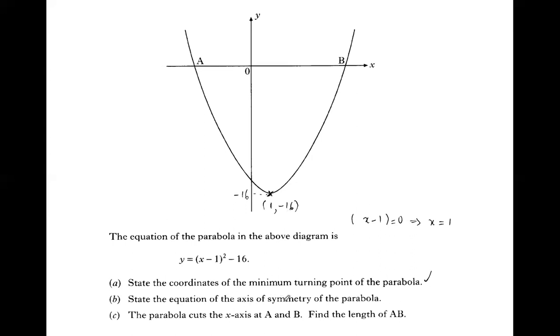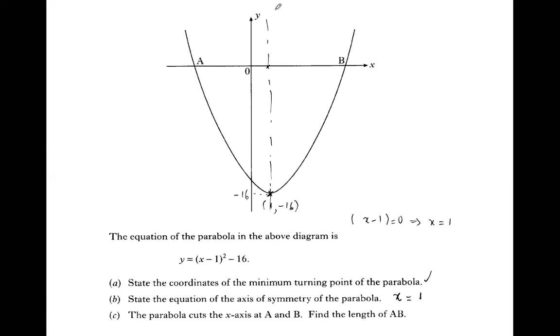Now, state the equation of the axis of symmetry. Remember, the axis of symmetry is this line here, and it's a straight line. And it's x equals 1.